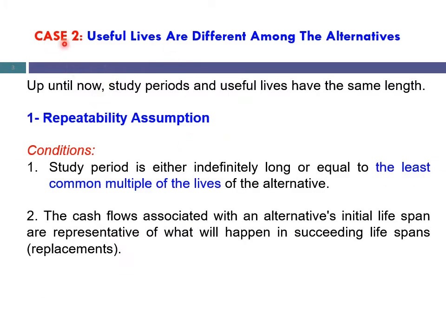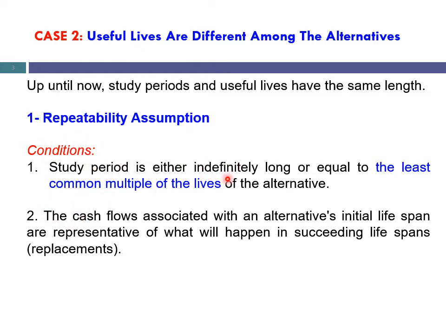So now we are in case 2. We are dealing with projects whose useful lives are different among alternatives, and at least one of them is different from the study period. The first case we are going to consider is the repeatability assumption, and we talked about these conditions.